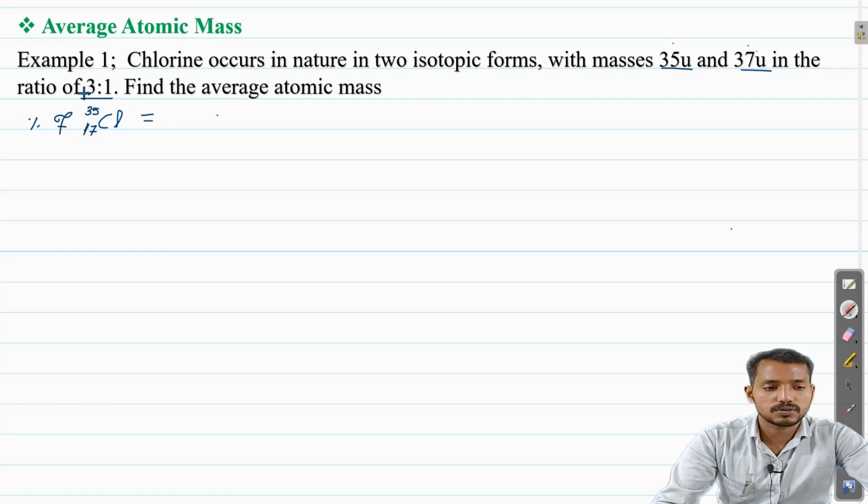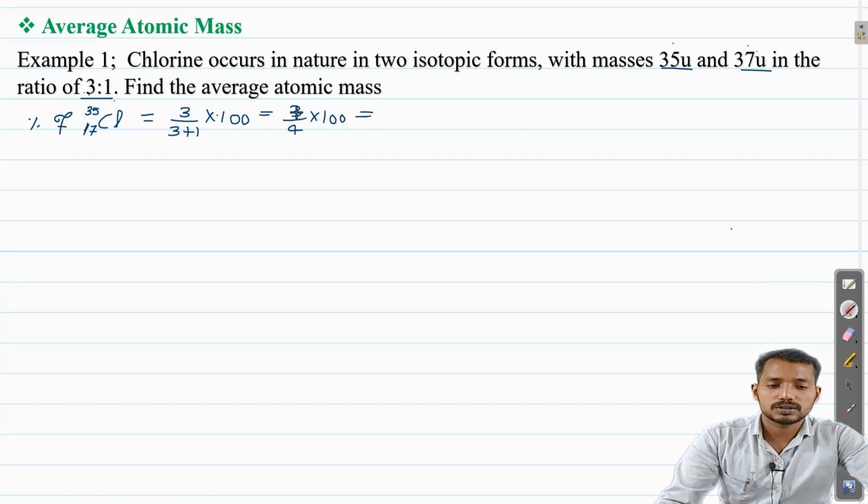So the corresponding ratio for 35 u is 3 divided by 3 plus 1, the total sum of the ratios, into 100. 3 by 4 into 100, which is equal to 100 by 4, which is 25, and 25 into 3 is equal to 75 percent. Numerical calculation, you do it yourself.